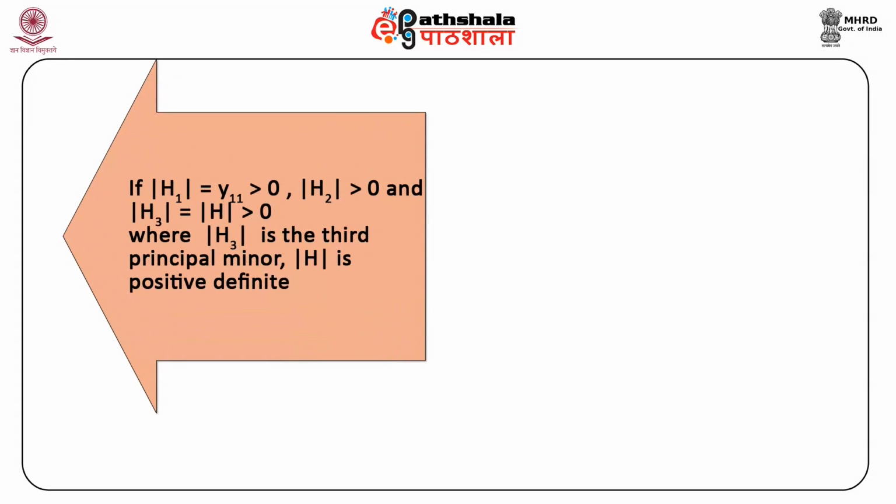If H1 equal to y11 is greater than 0, H2 is greater than 0 and H3 equal to H is greater than 0, where H3 is the third principal minor, H is positive definite. The second order conditions for a minimum are fulfilled.